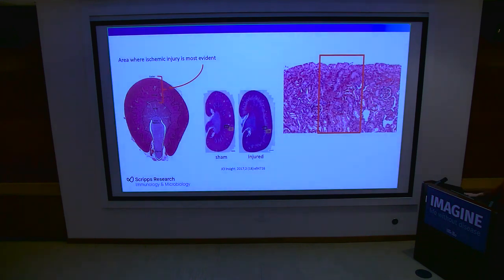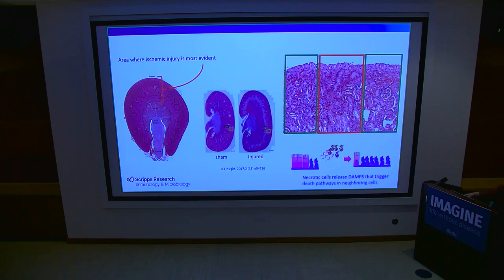And when we look histologically, we see what's called patchy necrosis. In the red, those are dead tubule cells, and right next to them are ones that are alive. This histologic phenomenon is pathognomonic and has been noted for many, many years by histologists.